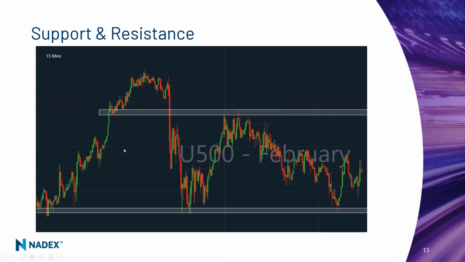I've drawn a couple of these here. Looking at this chart, the S&P 500, at this lower level, this tends to be a level where you see support. Buyers tend to step in.